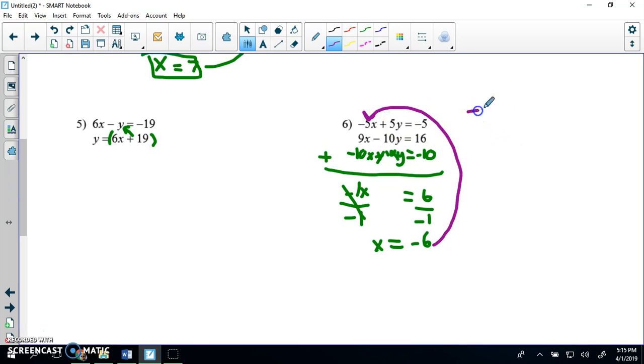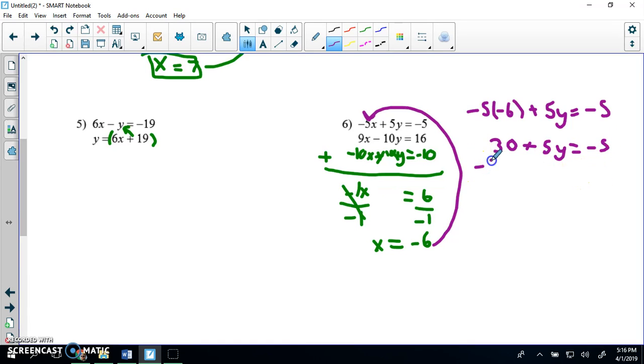All right, so I've got negative 5 times negative 6 plus 5y equals a negative 5. All right, so I plug that into x. That's going to give me 30 plus 5y equals negative 5.